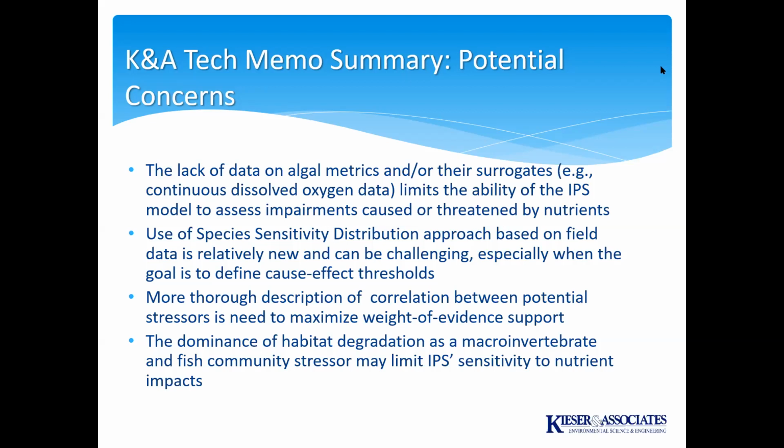One of the main opportunities, I'll say, that algometrics provide in the case of understanding nutrient impacts is it's right smack in the middle of the conceptual model of how nutrients affect ecosystems at the macroinvertebrate and fish community level.